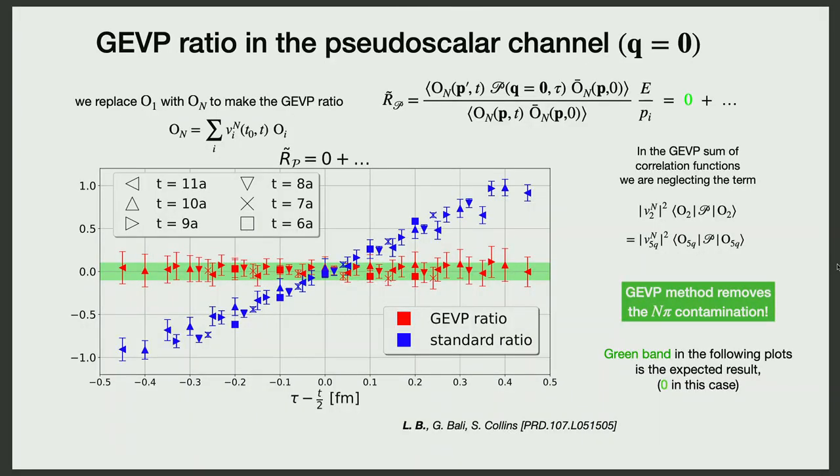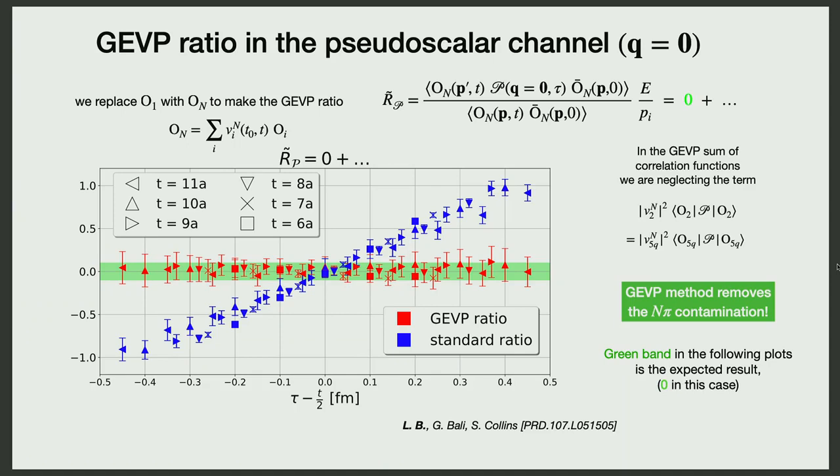As a first plot, let me show you the pseudoscalar channel. Again, we don't work with O1 or O2, but with a diagonalized operator ON, which takes into account these eigenvectors to do the diagonalization. And we construct a very similar, more sophisticated ratio of 3-point correlation functions. Remember that the ground state was supposed to be 0.